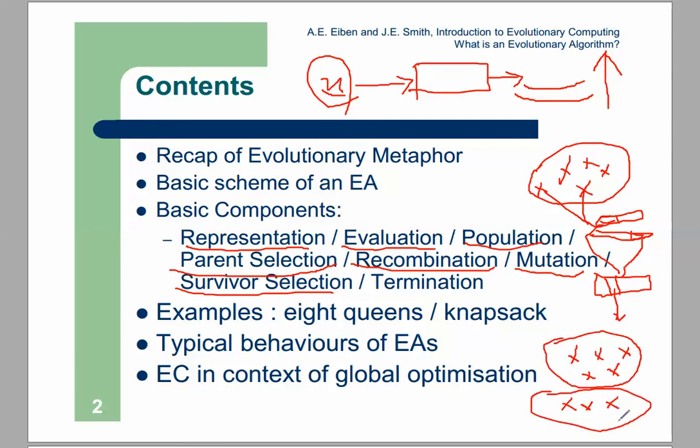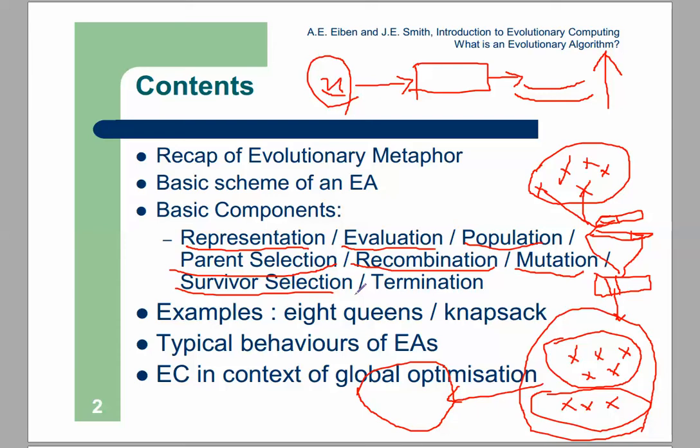For all of this population, both parents and children, we apply survival selection to select a new generation, the individuals for the next generation. It is called survival selection.